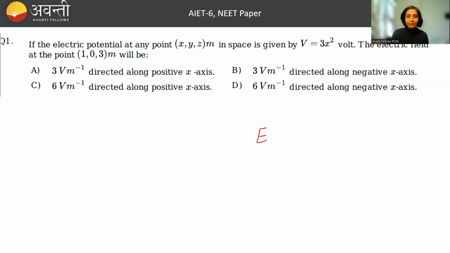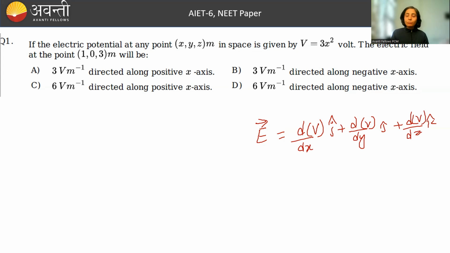How will you calculate the electric field if voltage or potential is given as a function of space? We write the electric field as d by dx of V i cap plus d by dy of V j cap plus d by dz of V k cap. And what is one important thing while using this formula?